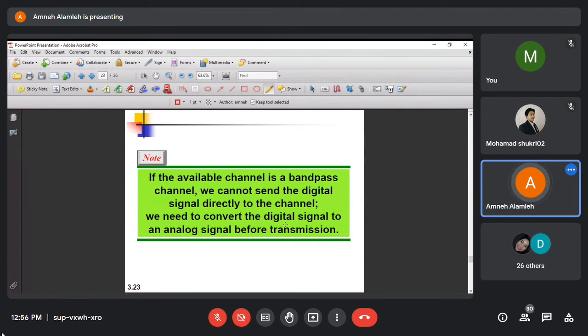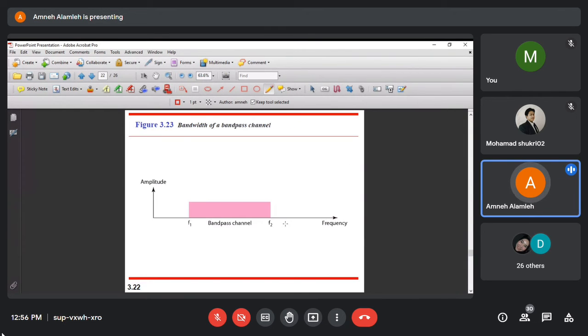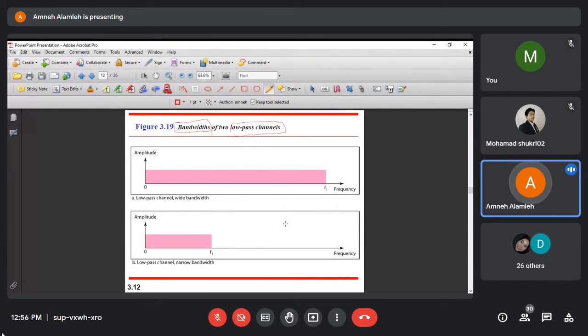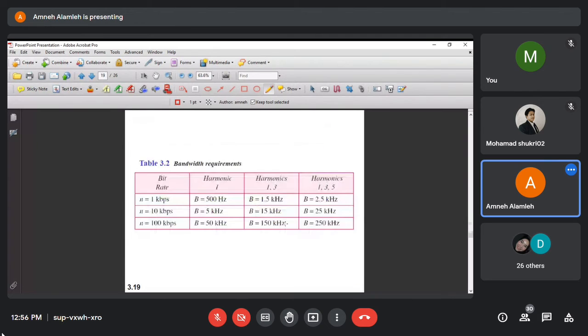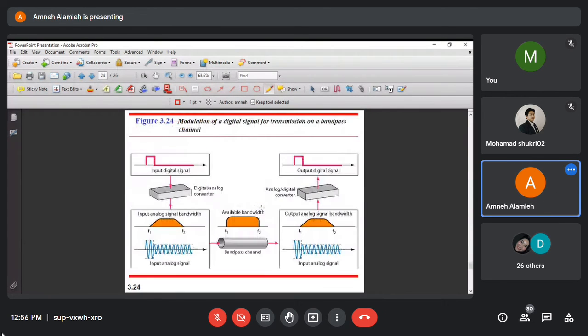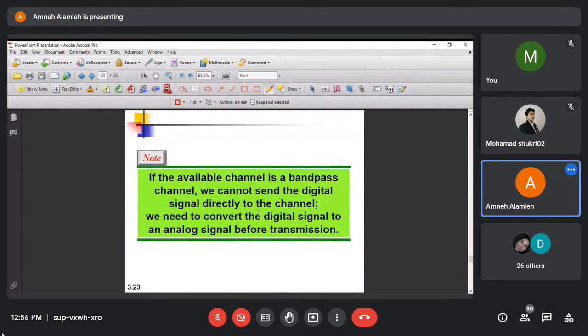We said, if you want to send the digital signal as it is, we should use a low pass channel, right? But if we want to use a band pass channel, then we cannot send the digital signal directly to the channel.